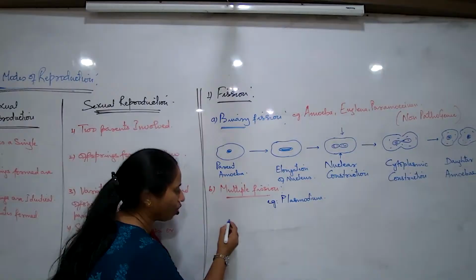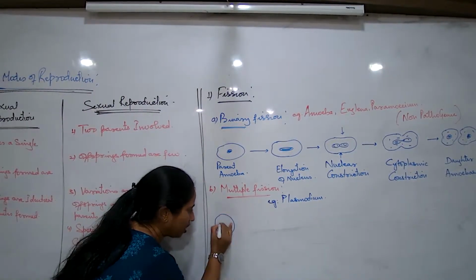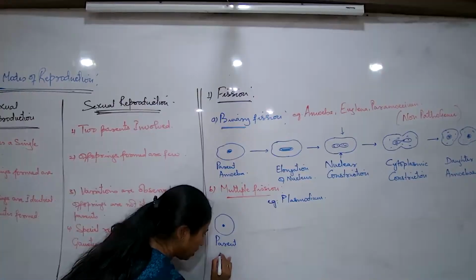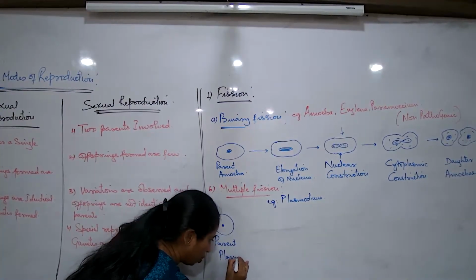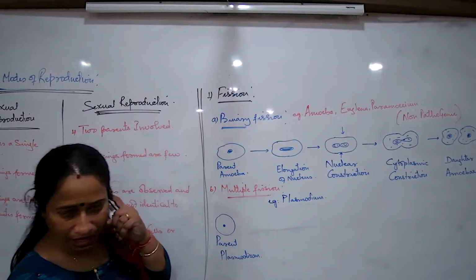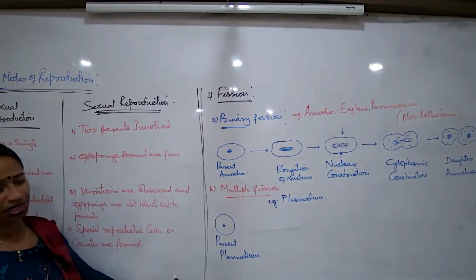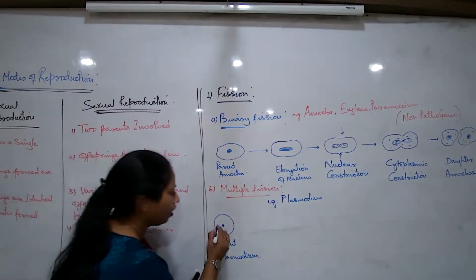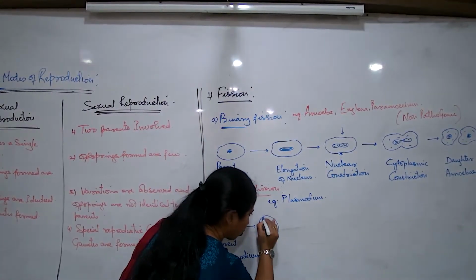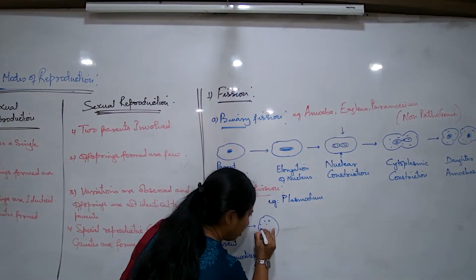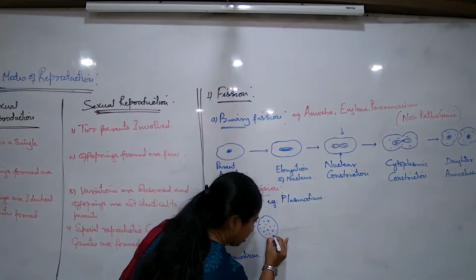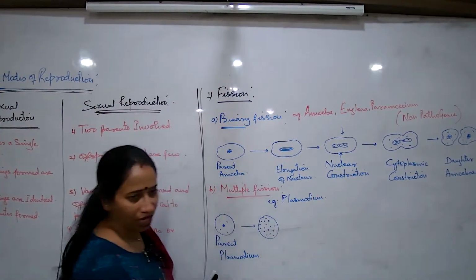How would the process of multiple fission take place here? Now this is the parent Plasmodium, with a single cell nucleus, a unicellular organism. This single cell will now start the process of multiple nuclear division this way, like this.